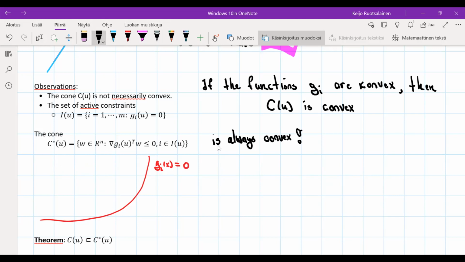So for example, now I have the point u somewhere here. I draw the tangent line as usual.